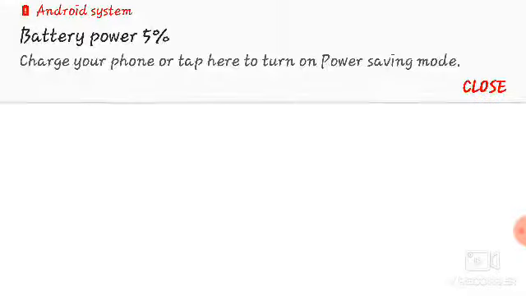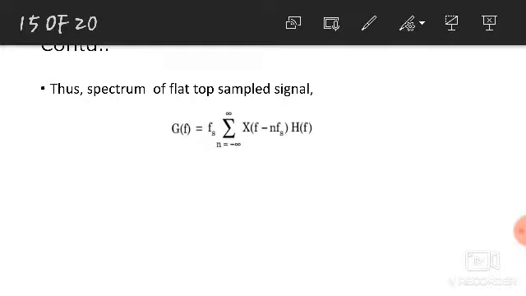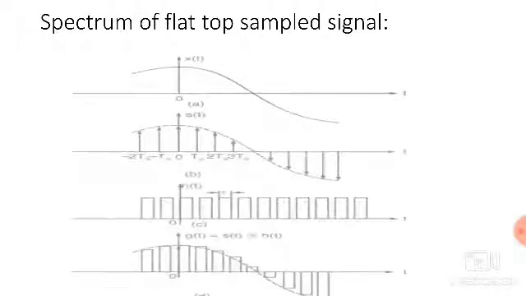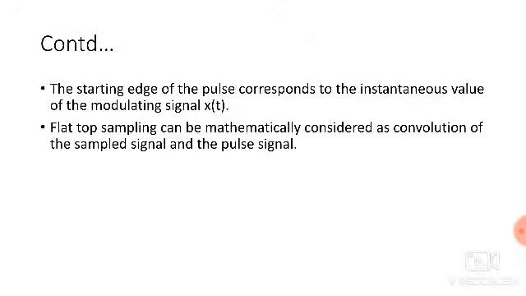The spectrum of the flat top signal, g of f, can be drawn like this, with the message signal s of t and the final output. In flat top sampling, the sampled signal is mathematically considered as the convolution of the sampled signal and the pulse signal.